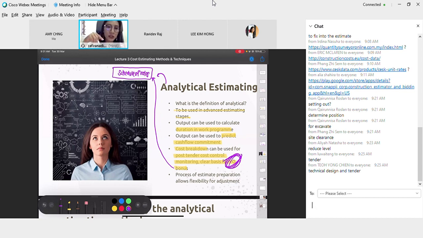Second is untuk bonus. Macam later you belajar kalau you dah dekat high level sikit dekat dalam you punya organisation, because of this analytical estimating yang sangat detail, you are able to actually know how much is your profit margin in very detail.